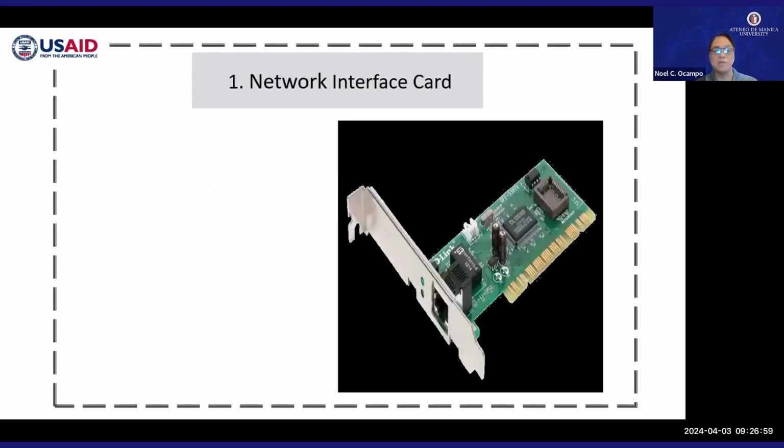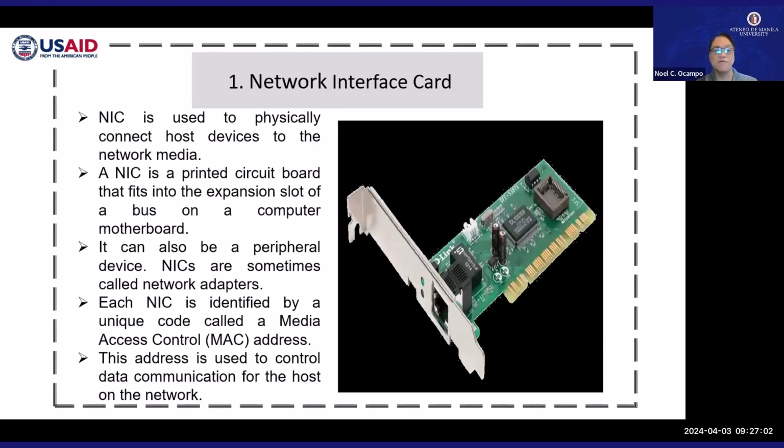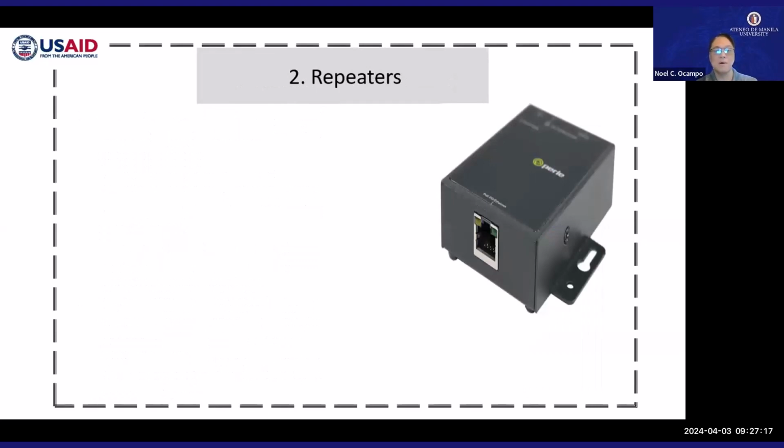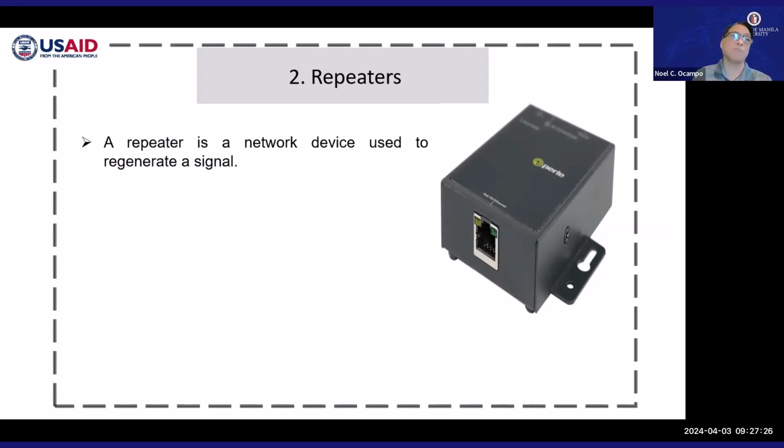This is a physical construction of a network interface card, which is normally plugged into your desktop. If you're using a laptop, it's already a standard port in your laptop. If your desktop or laptop is far away from the switch, you need to use repeaters.